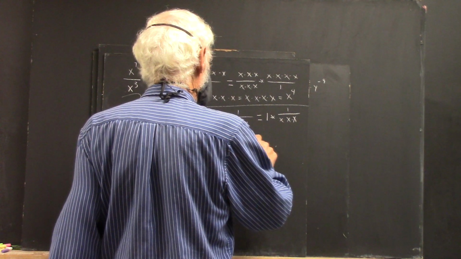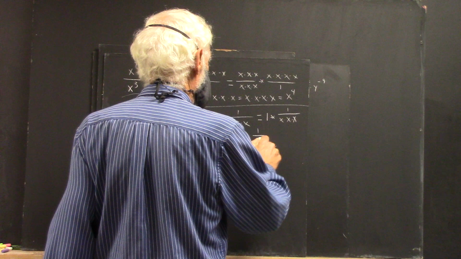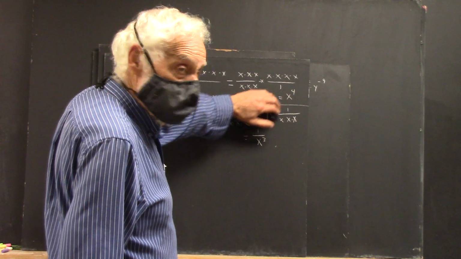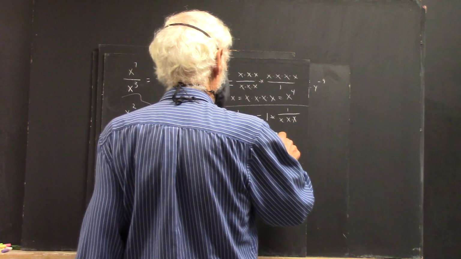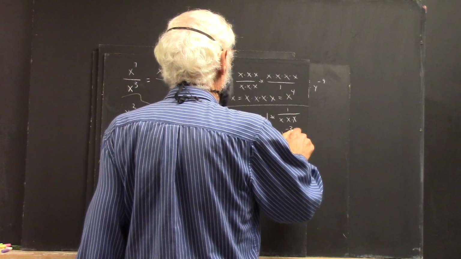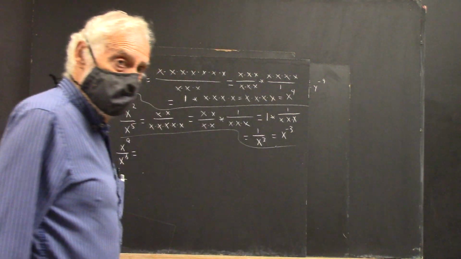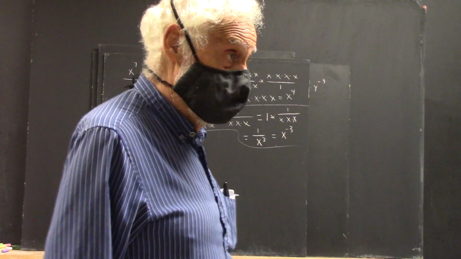And that equals, of course, 1 times this, and that's 1 over x cubed, or x to the -3. Okay? We good with that?